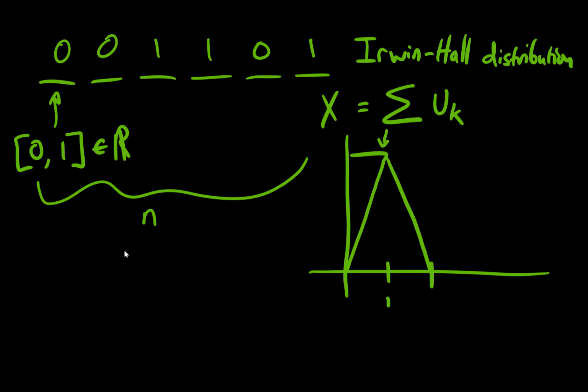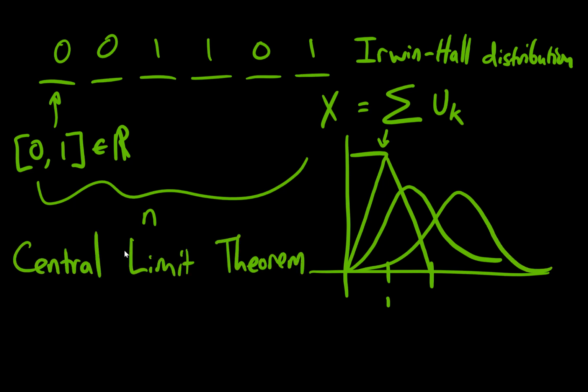If you look at the Irwin-Hall distribution as you get more and more samples, there's a theorem called the central limit theorem that says that as the number of samples grows, this distribution becomes Gaussian. This is what David was talking about when he said this distribution was close to Gaussian. There's another related distribution you can read about on Wikipedia.